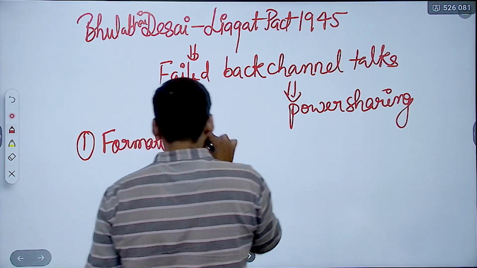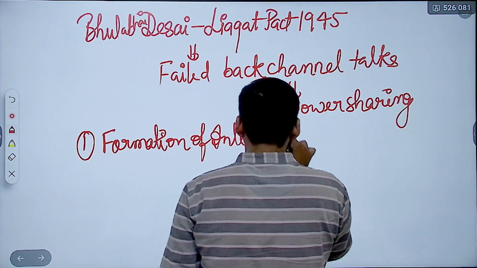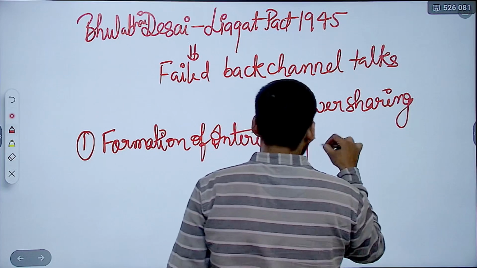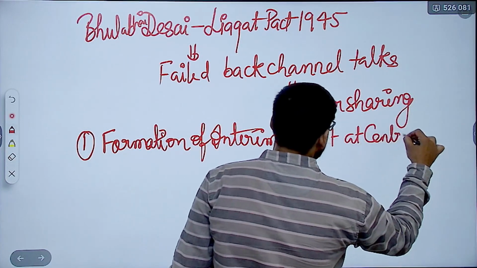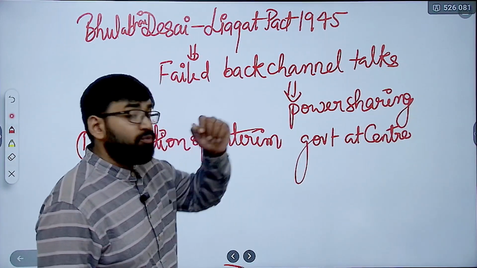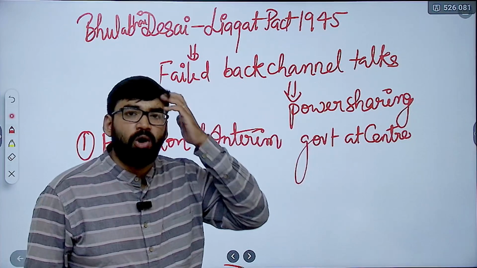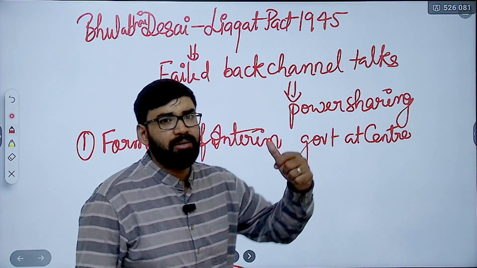Formation of an interim government at the center, with 50-50 representation to Congress as well as the Muslim League. This is mentioned in the Desai-Liaquat Pact.